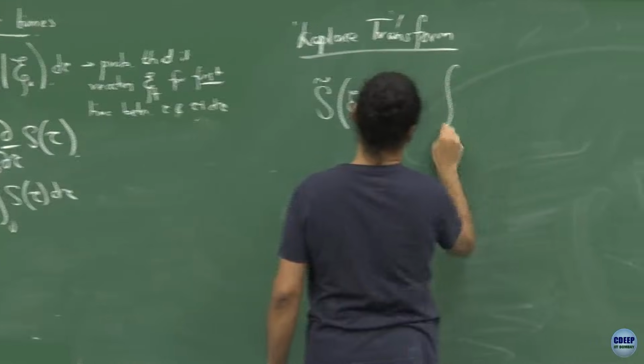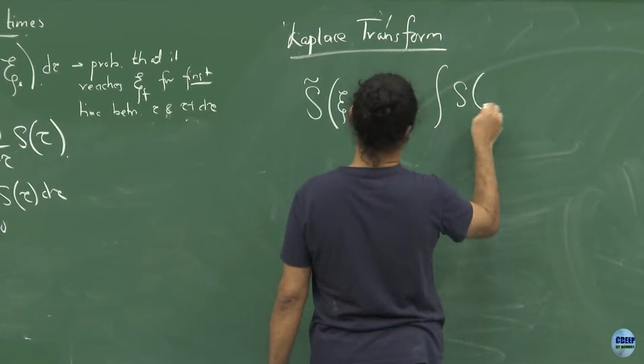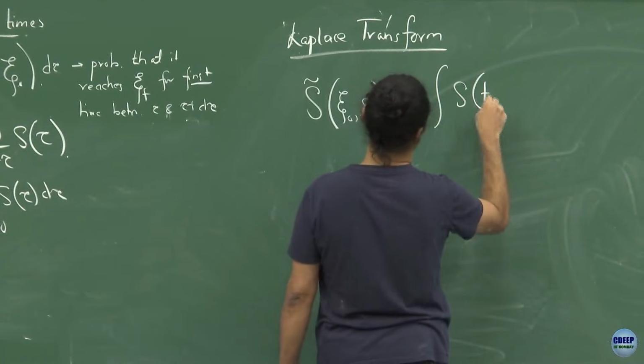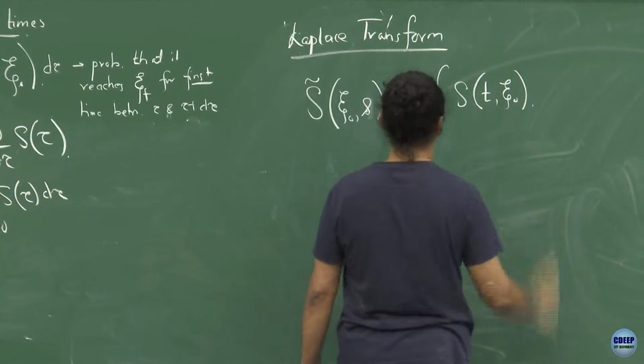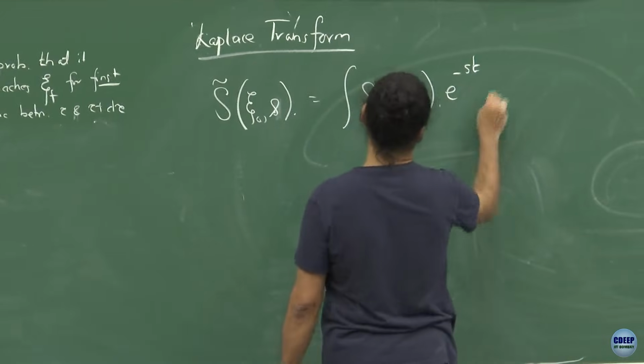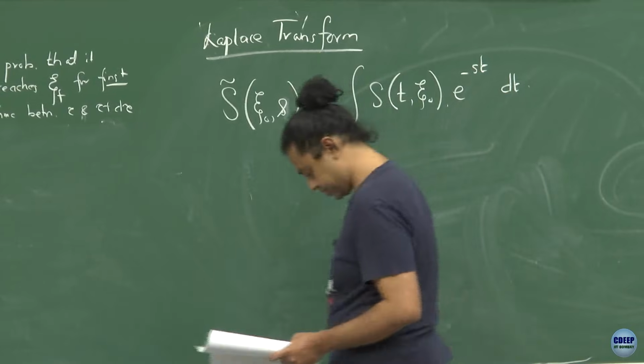So this is the integral of the survival probability up to time t, starting from this initial state xi naught, times e to the power of minus st, dt.